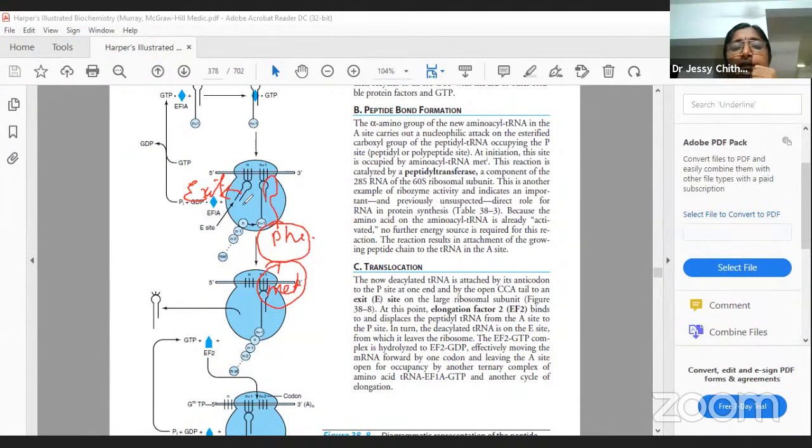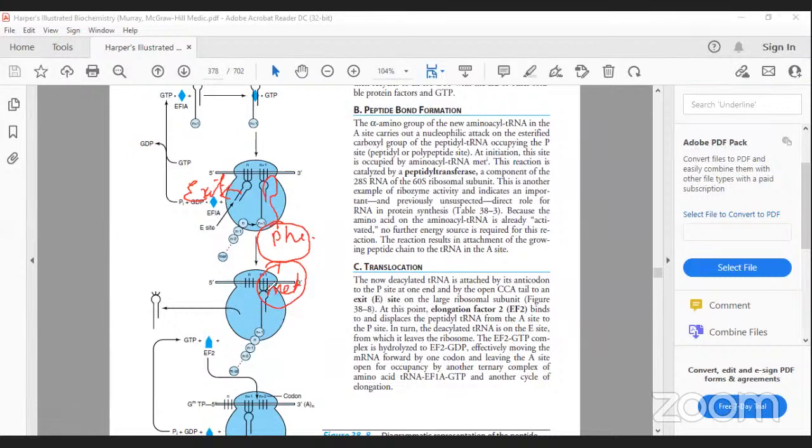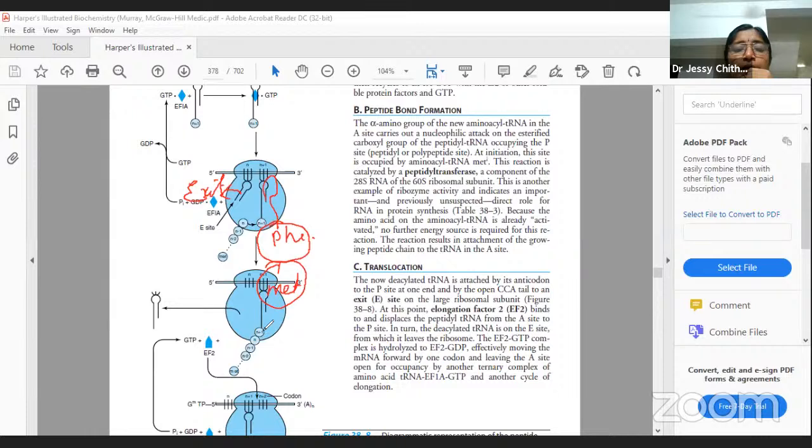So now the P site is free, and the A site is carrying the peptide chain carrying tRNA.